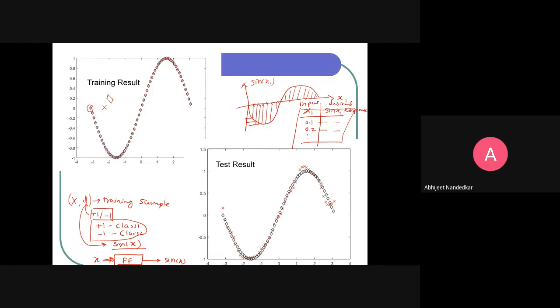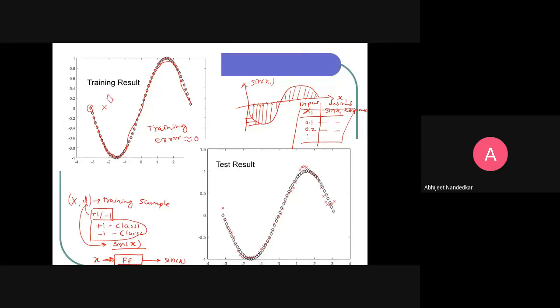If you join these, it becomes a sine wave like this. So hardly there is an error in the training samples. So training error is approximately equal to 0.